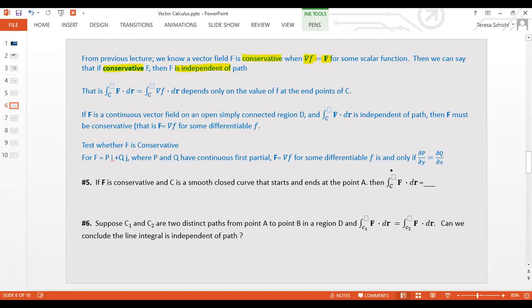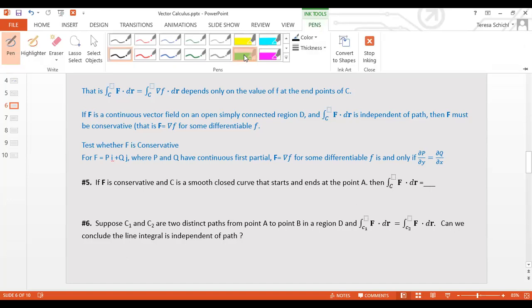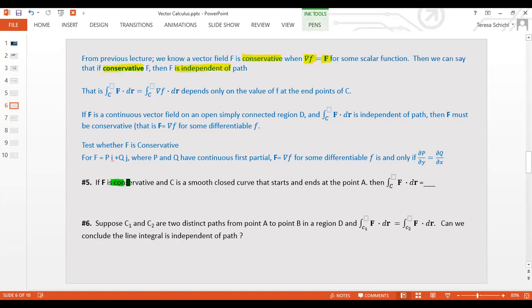Let's make sure we understand this concept. If F is conservative, what does that mean?